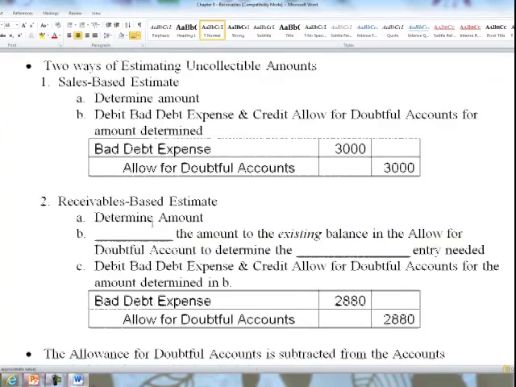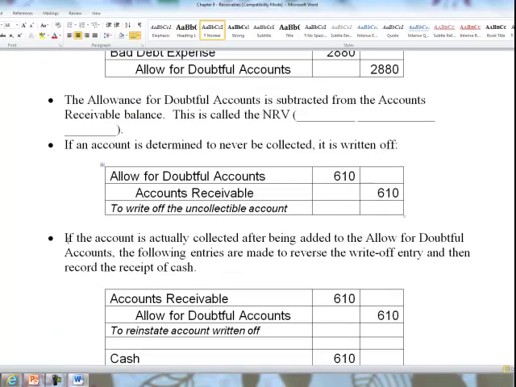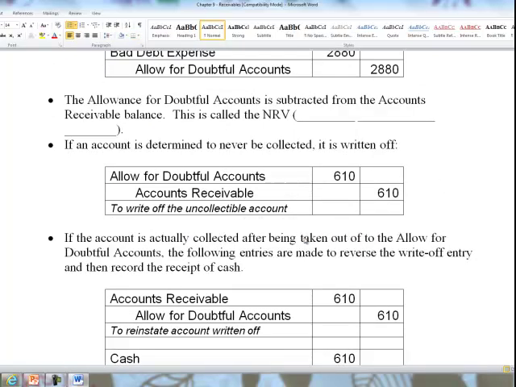This last bullet here, if the account is actually collected after being taken out of the allowance for doubtful accounts, that should be changed. Okay, do y'all see where that is? Bottom of the second page. Okay, because remember that entry right above it, that debit to allowance, that takes it out of it. Because we take it out of receivables, take it out of allowance. Okay, so that gets your notes up to date.